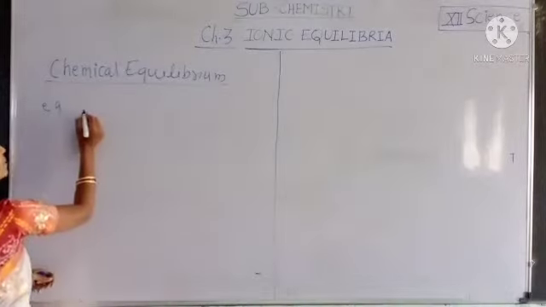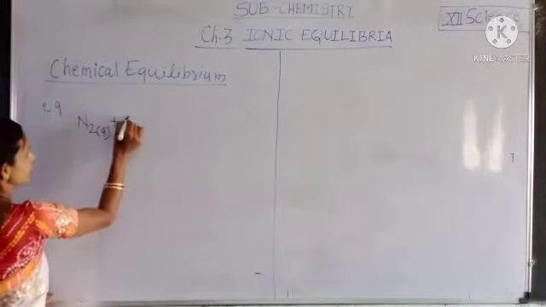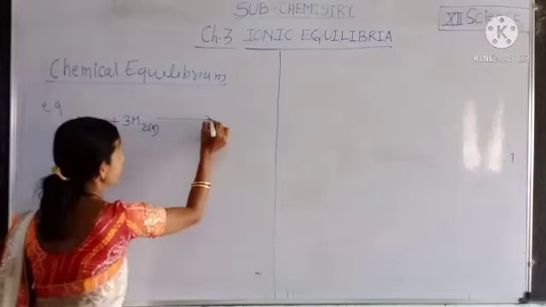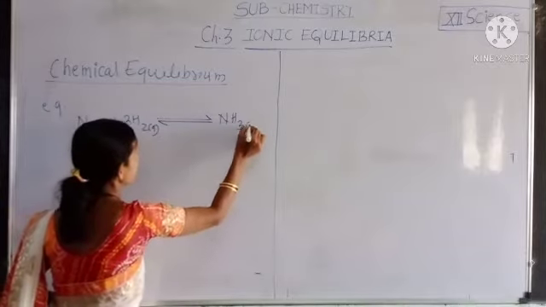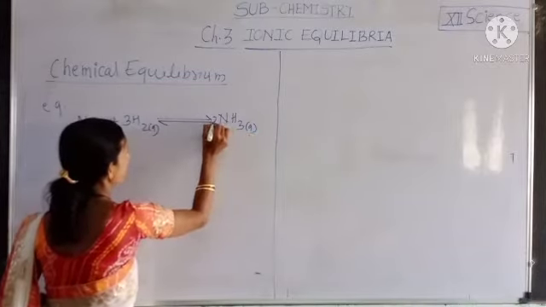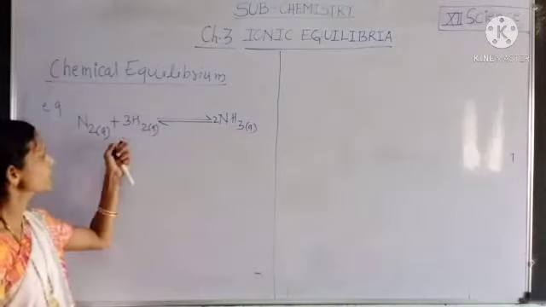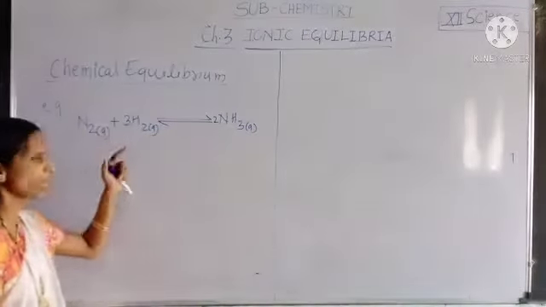For example, N2 gas reacts with hydrogen gas and ammonia formation takes place, and this reaction takes place in an isolated state.